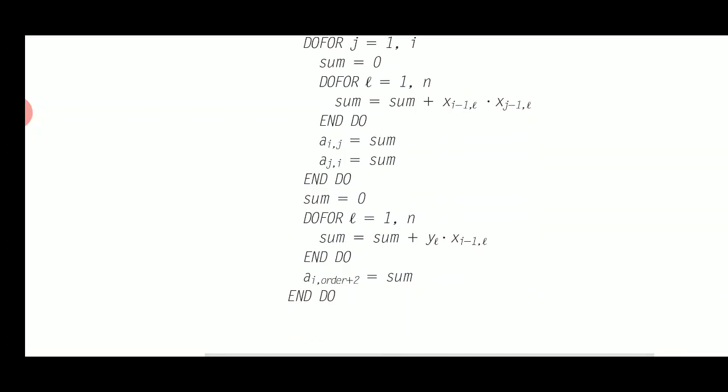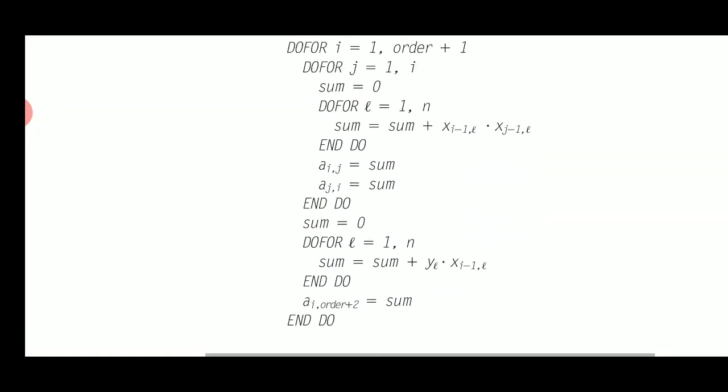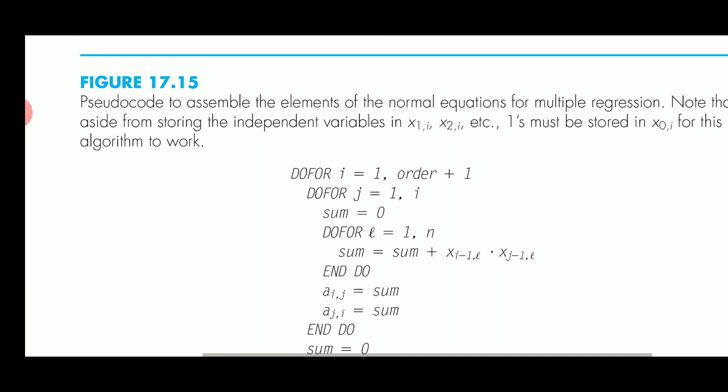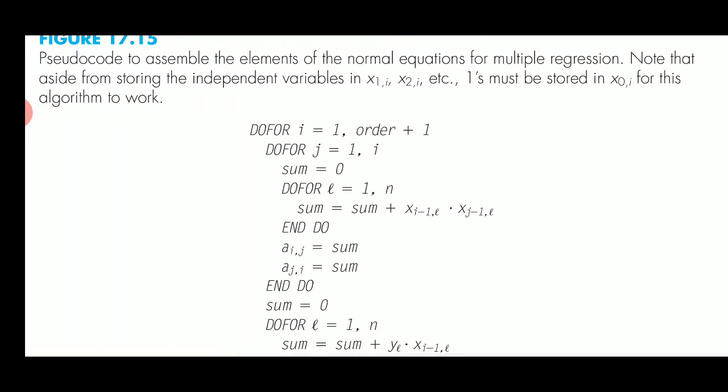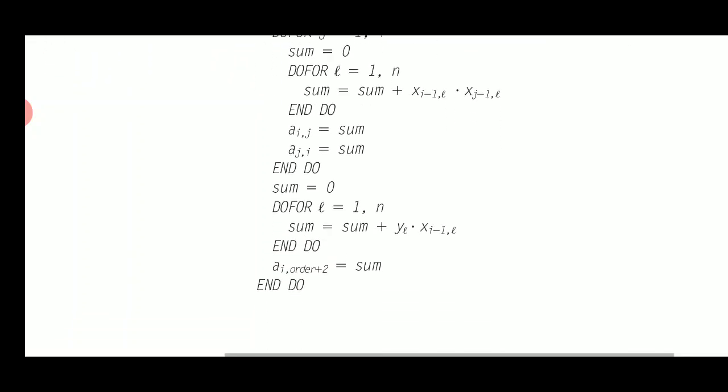Similarly, you can find out the summation of y etc. and continue this. And this will assemble the elements of the normal equations for multiple regression, right? So this is how you can write a simple pseudocode.